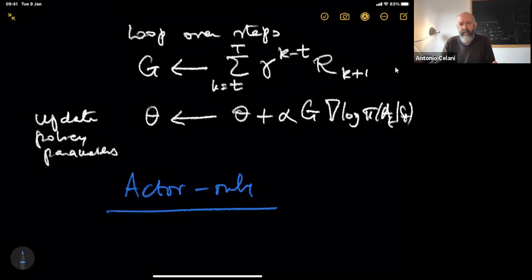And you will not be surprised to imagine that, and this we will do in the second half of the lecture, you can take the two worlds together and mix them together to produce a new class of algorithms which are called actor-critic algorithms, which inherit some of the benefits of the two.